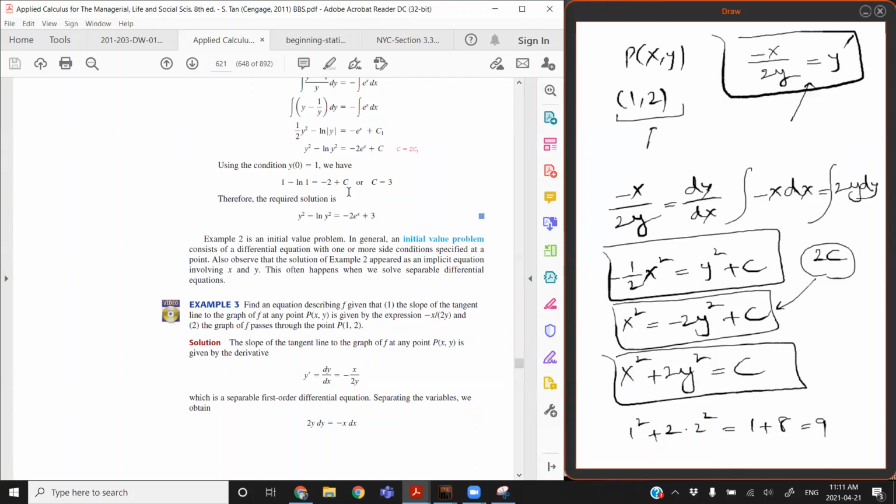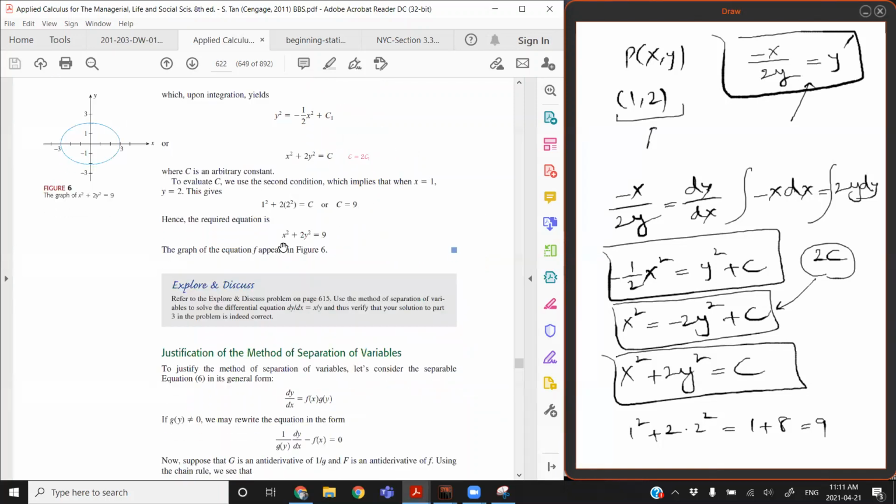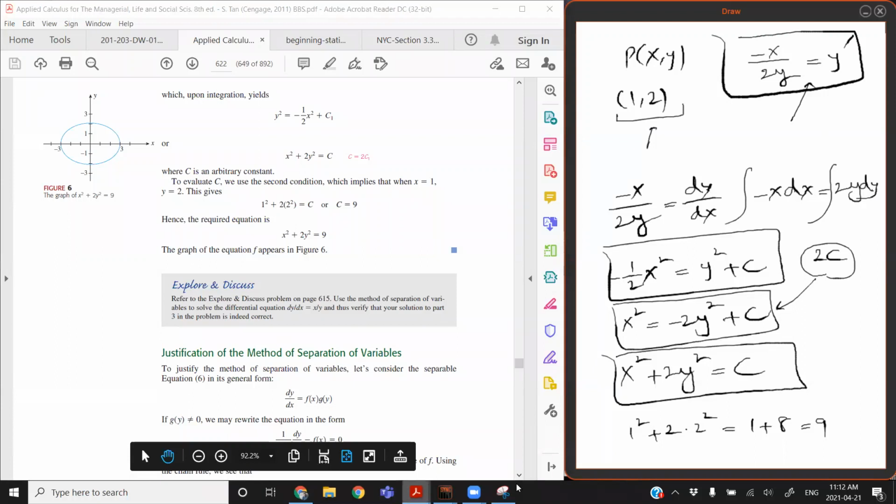Okay, so the particular solution which satisfies both conditions is going to be x squared plus 2y squared is equal to 9. Yes, questions? Okay, then.